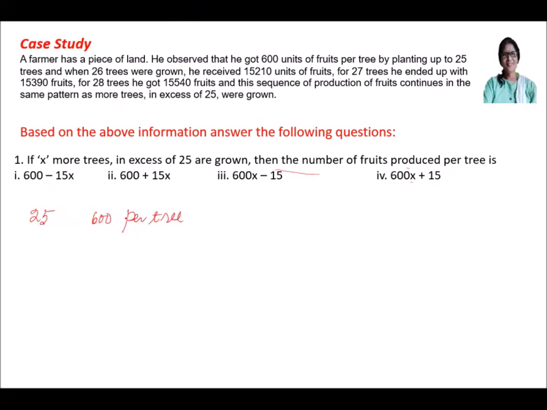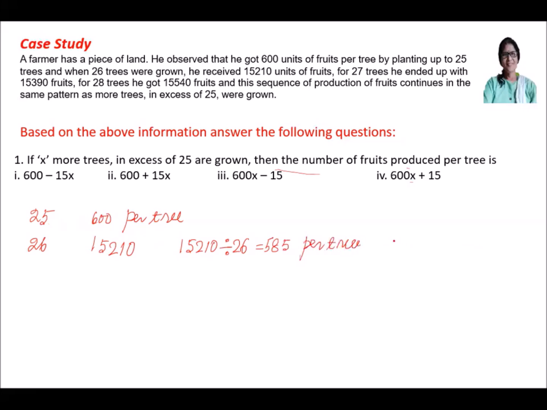Now for 26 trees, we are getting 15,200. That means 15,200 divided by 26, I am getting 585 fruits per tree.